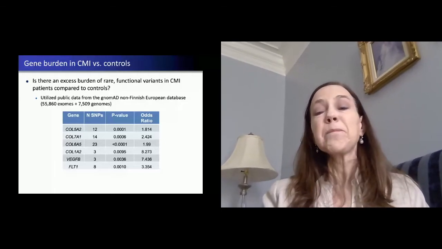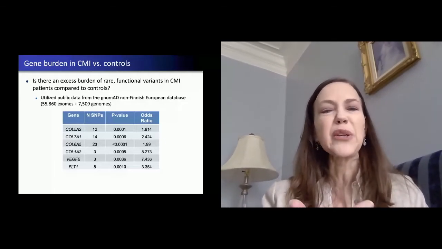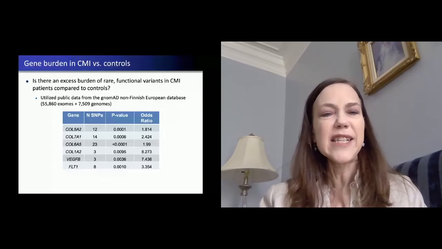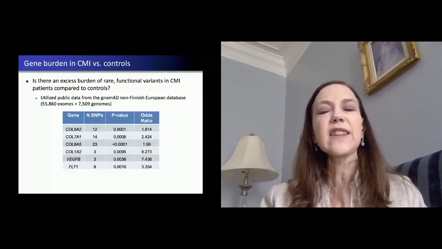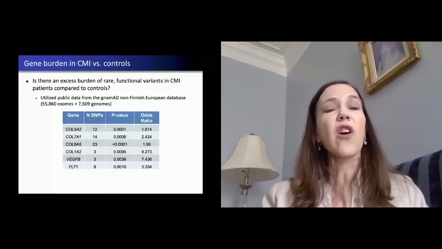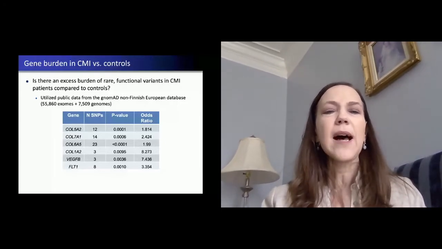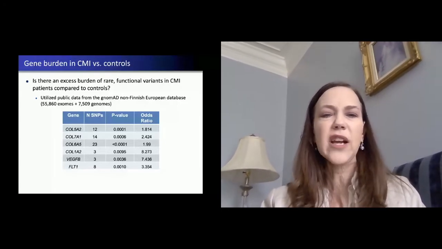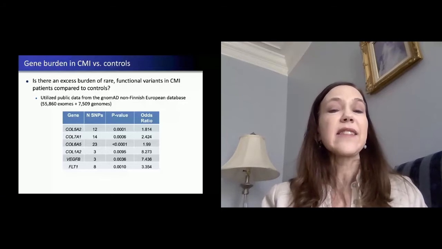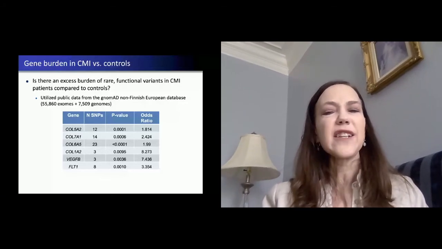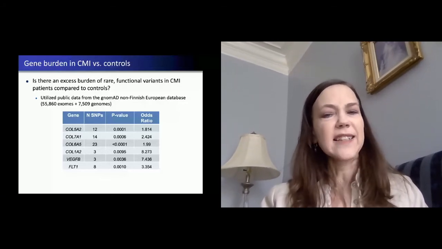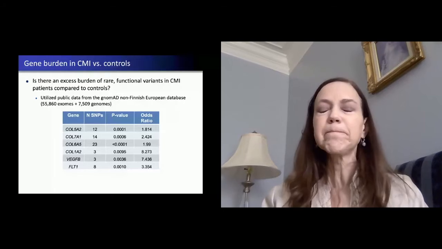I'm sure all of you don't know what these gene names are, but really the first four of those are collagen genes. So these help make up the extracellular matrix, and variants in these genes are often associated with connective tissue disorders.